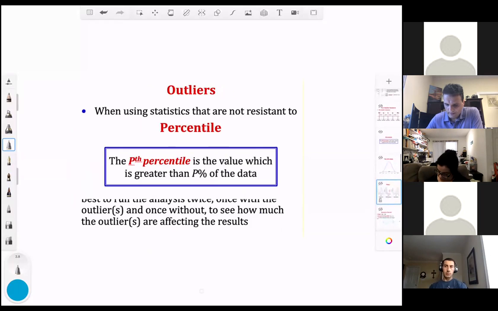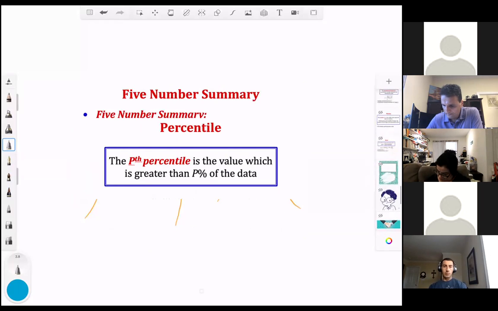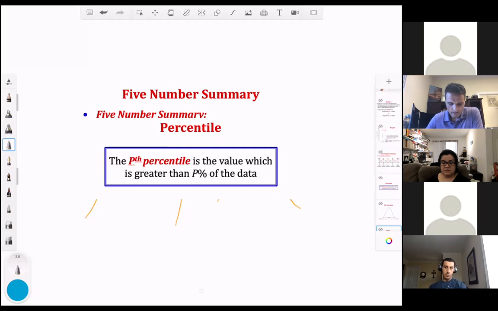Then we talked about percentile. A percentile is a value which is greater than p% of the data.